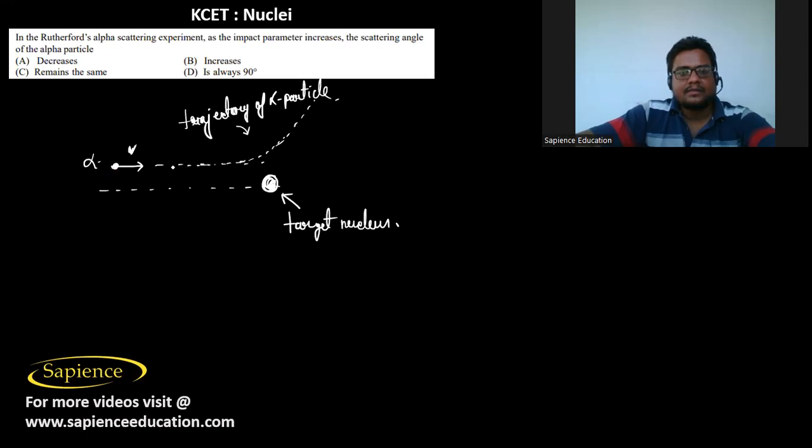So this is called the impact parameter b, and this is called the angle of scattering, or the scattering angle.